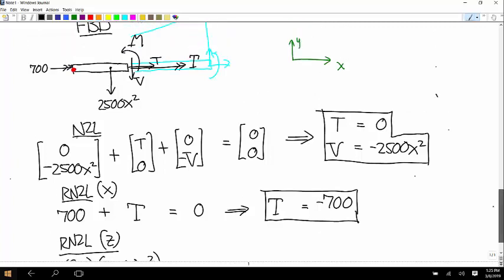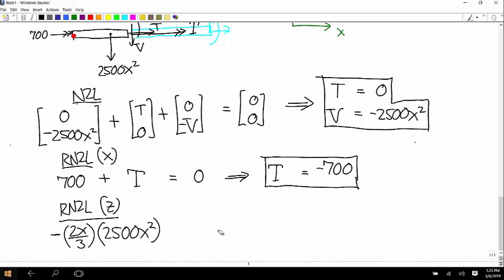The next thing that'll produce a moment about Z is that shear force V. So what's the moment arm for V? X. So we have a moment arm of X, of force magnitude of V, and would that make it rotate clockwise or counterclockwise around the about point?